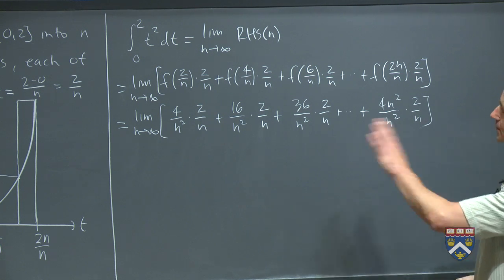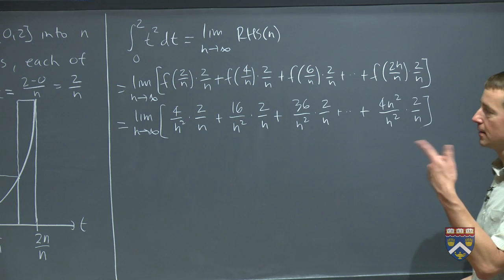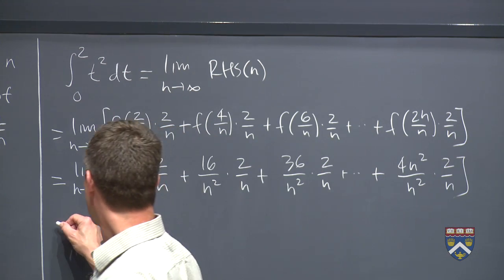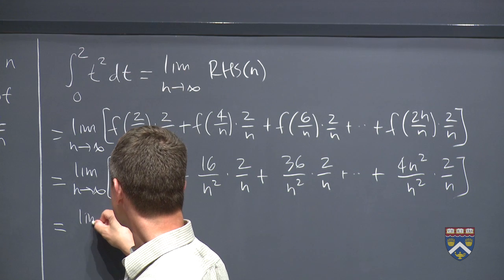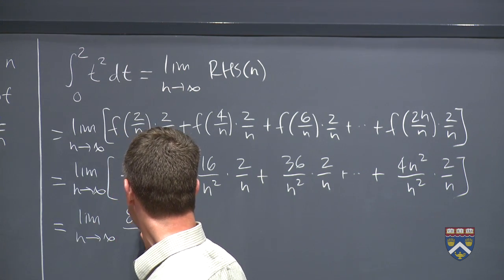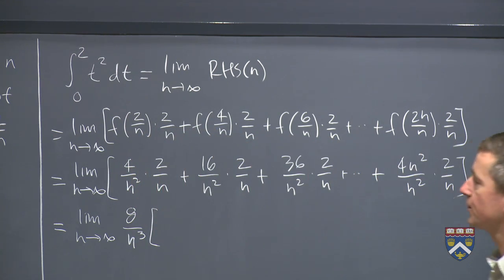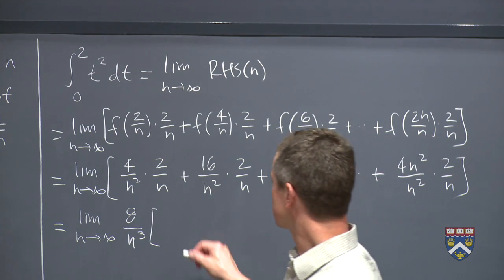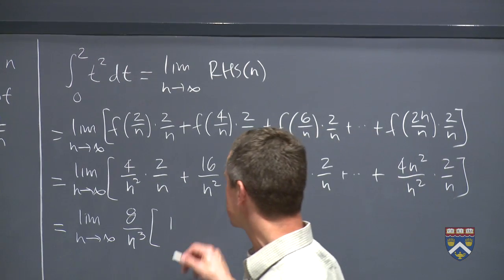We can factor out of this, though, right? What can we factor out of all of these terms? They all have an n cubed on the bottom, and they all have at least an 8 on the top. So I can factor out an 8 over n cubed. And what's left from the first term when I have factored that out is just a 1. And would you agree that if I felt like it, I could write 1 squared instead of 1?